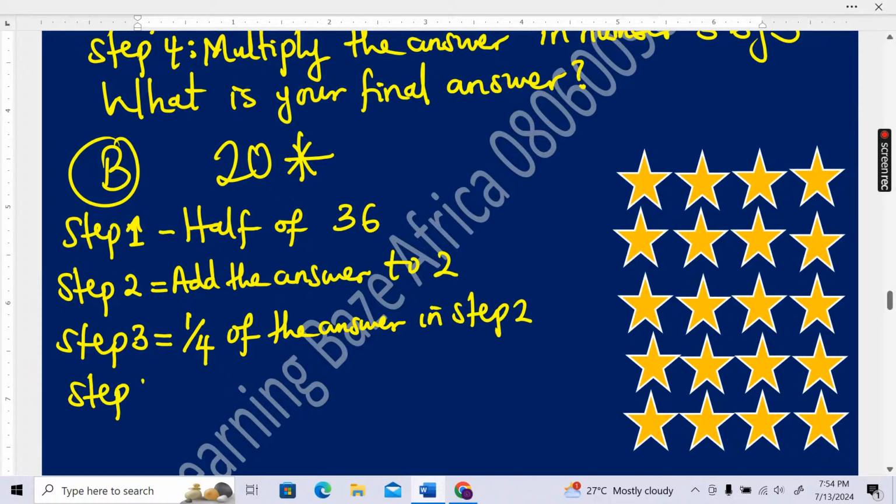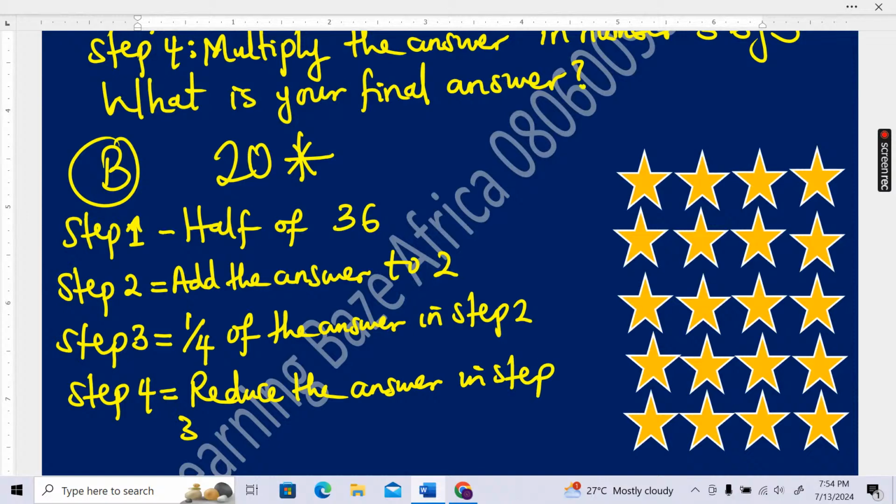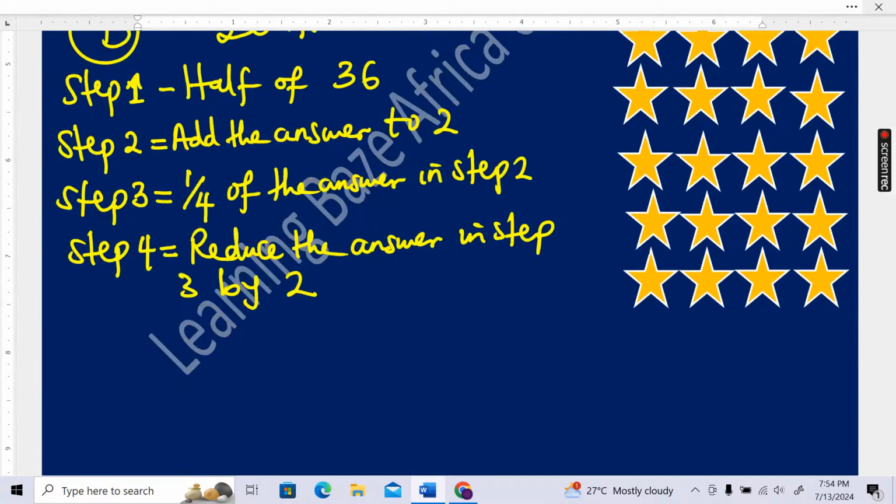Step 4. Reduce the answer in step 3 by 2.